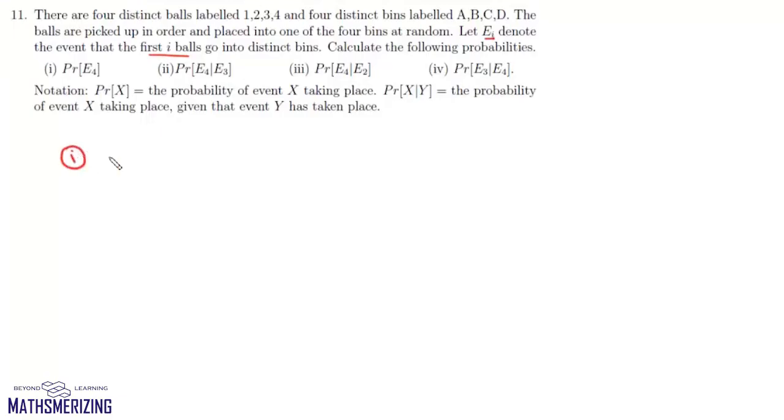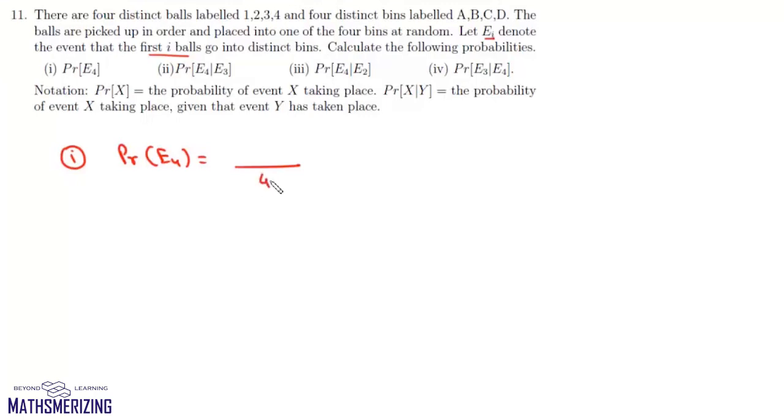Now first, we have to find this probability, where the event is E4, and when the event is E4, that means all the 4 balls went into different bins. So first we have to find the total number of cases. We have 4 balls, and for each ball we have 4 choices. So the total number of ways will be 4 into 4 into 4 into 4, 4 times.